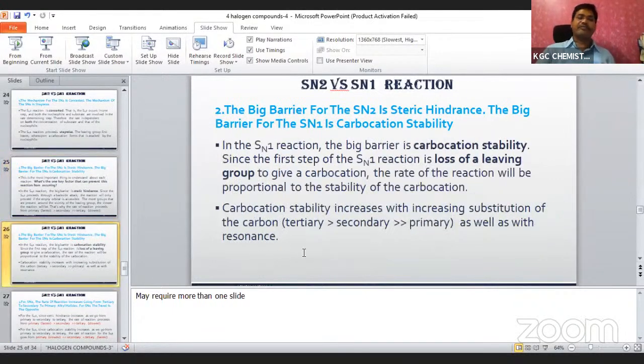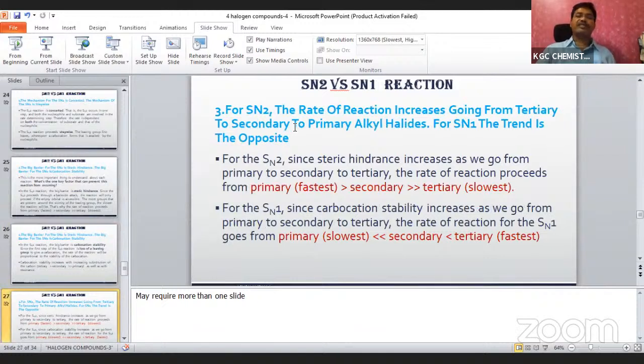For SN2 reaction, the rate of reaction increases going from tertiary to secondary to primary alkyl halide. Whereas for SN1 reaction, the trend is opposite. For SN2, primary is the fastest and tertiary is the slowest. For SN1, primary is the slowest whereas tertiary is the fastest.